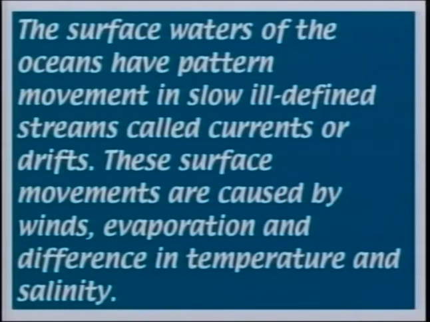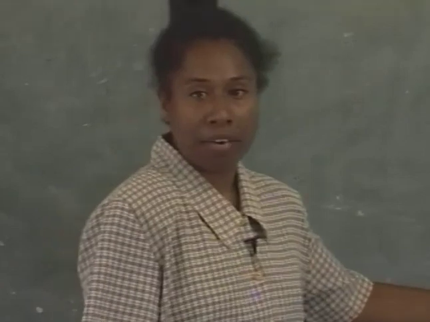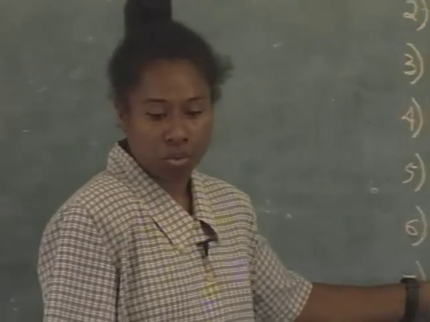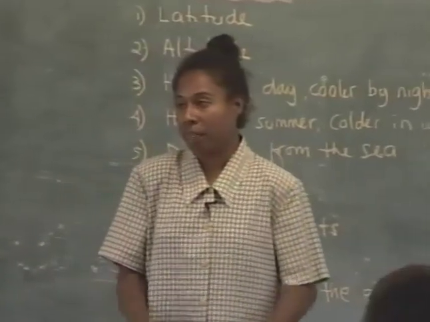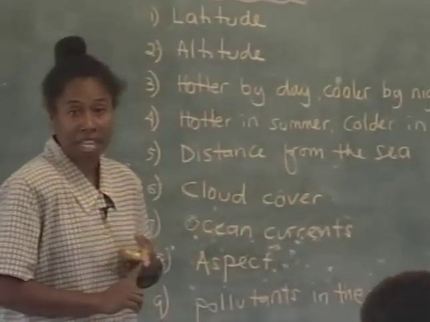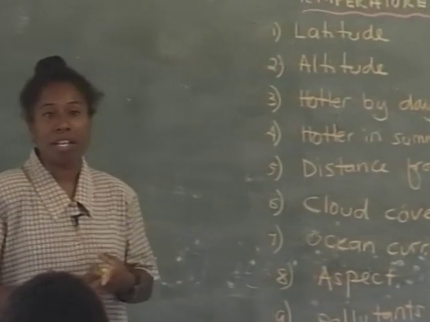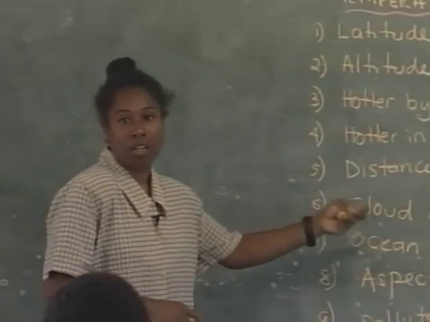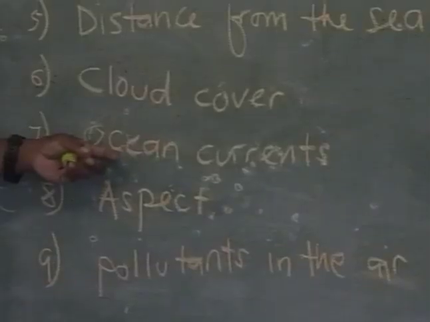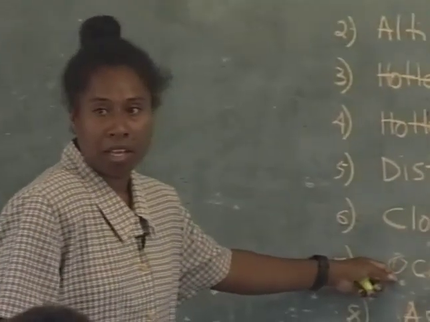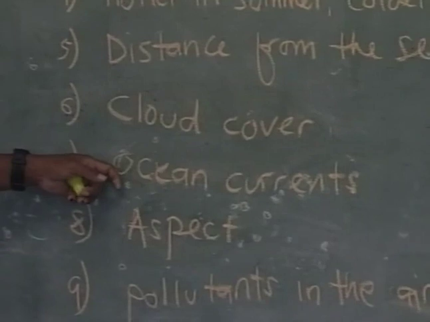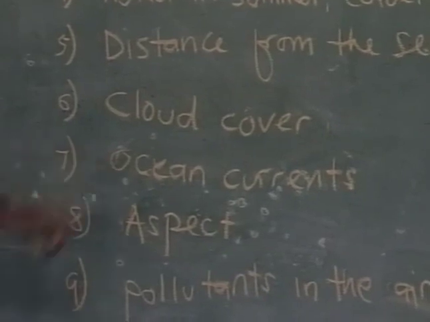Our task now is to see how ocean currents can contribute to making temperatures differ from one place to another. The places that are greatly affected will be those areas that are adjacent to the ocean currents. If we go further inland, the areas will not be greatly affected. So we are concentrating mainly on the adjacent land to where the ocean currents are flowing.